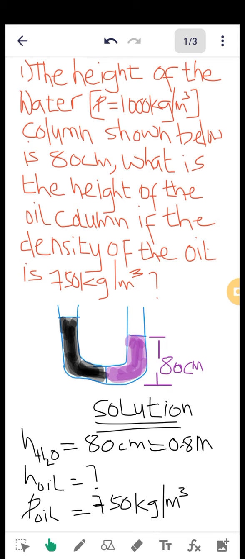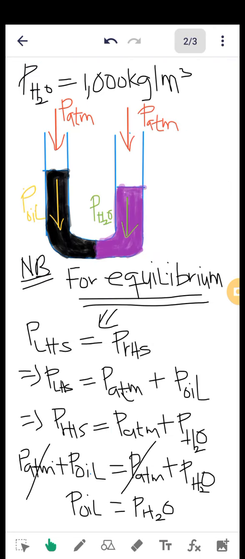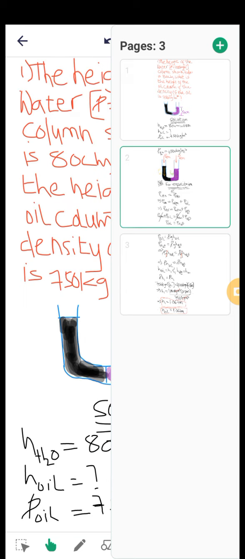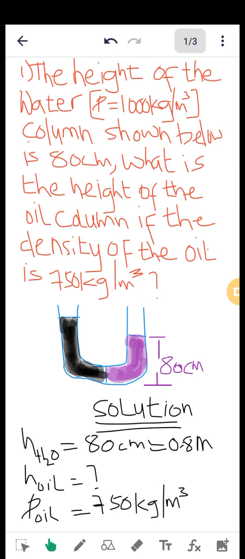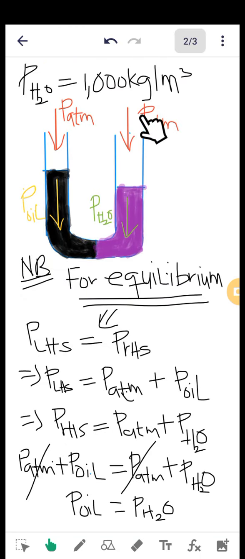So we will first consider the system to be in equilibrium. The question was given for us to find the height. We don't know the height, so we assume the system to be in equilibrium. So we redraw the diagram again. We know that the U-tube is open to air. Both the left-hand side and the right-hand side are open to air.